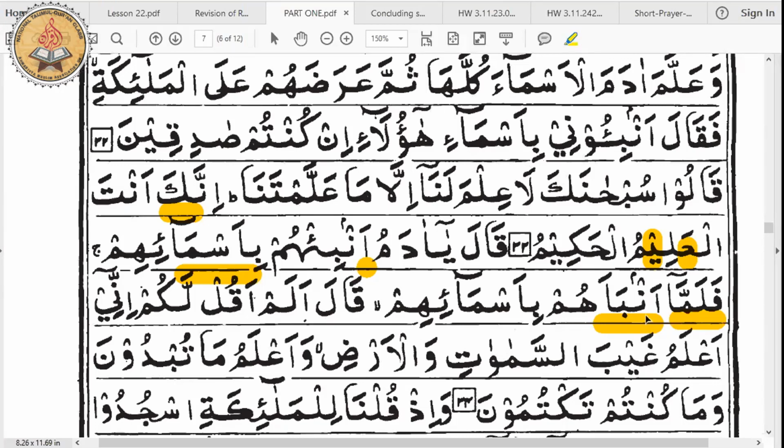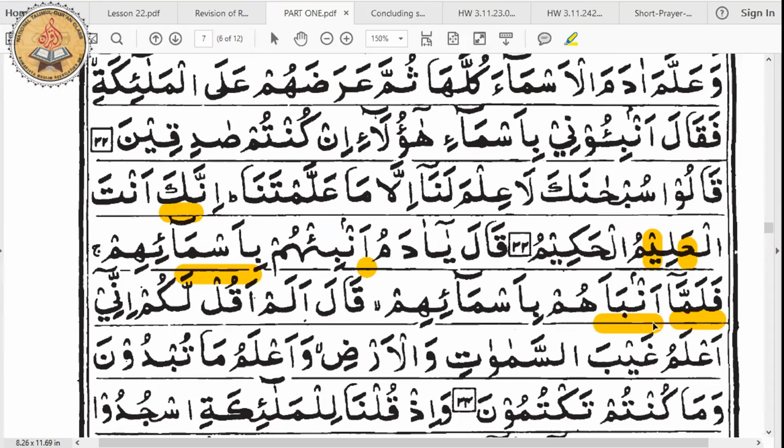And this is a miniature mim maqlooba, coming before ba, and over here we produce a 2 second sound.